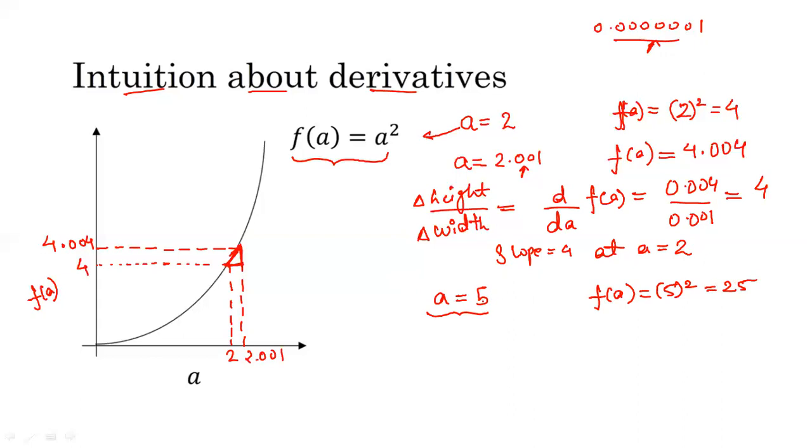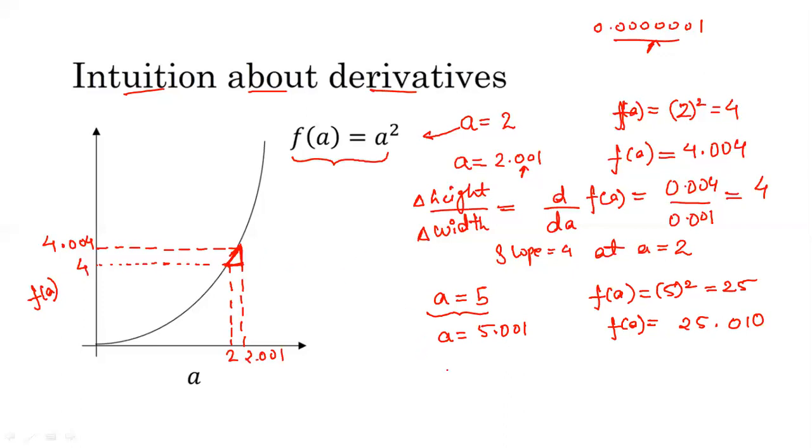Suppose I increment a by a very small value, that is 5.001. Corresponding to 5.001, my value of f of a would be 25.010.